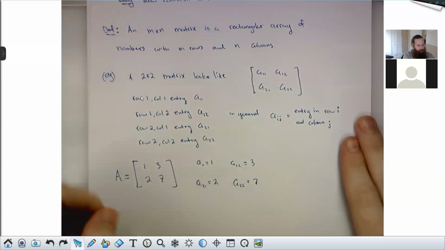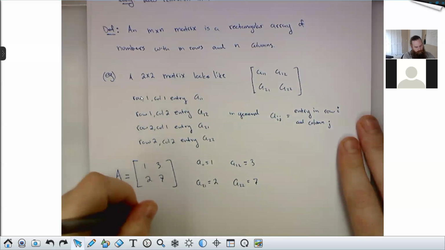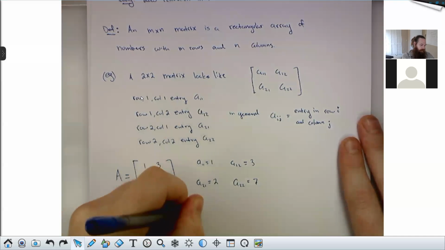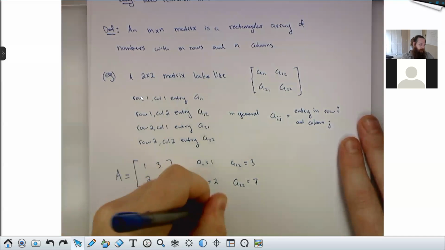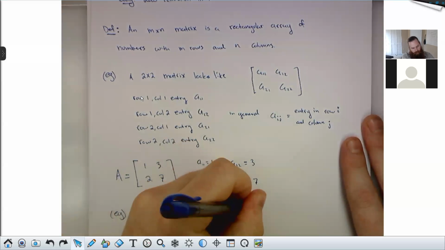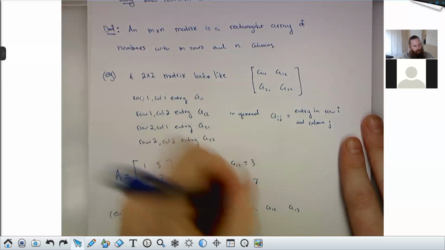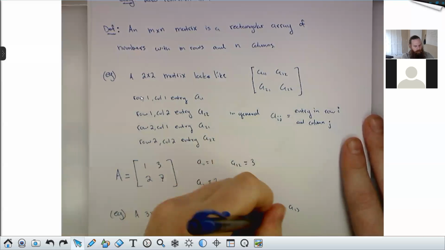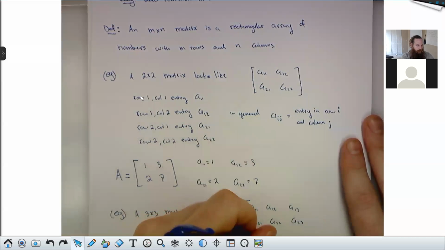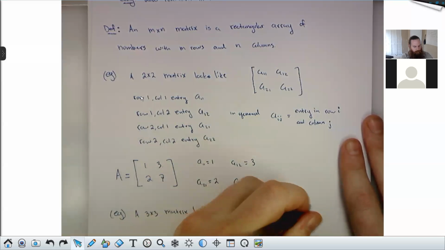A 3 by 3 looks like A11, A12, A13, A21, A22, A23, A31, A32, A33.